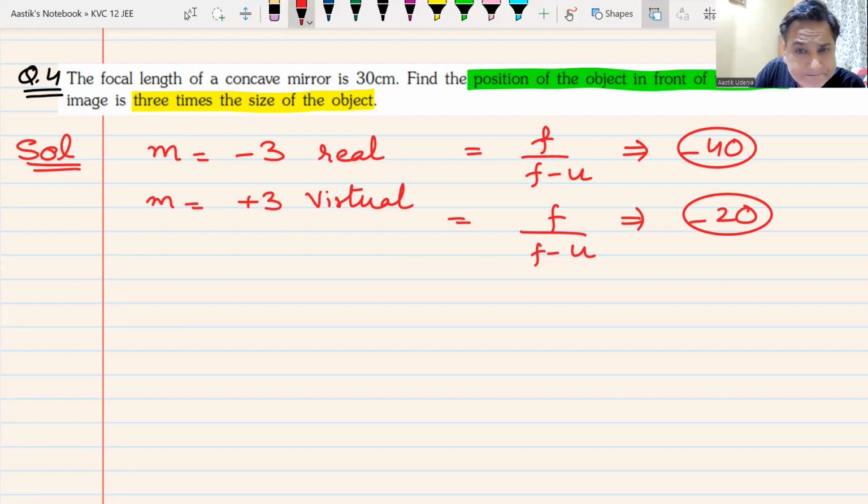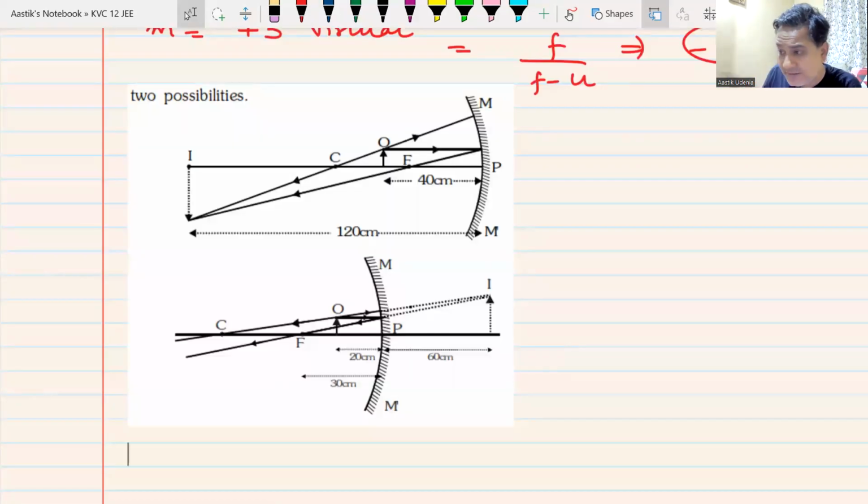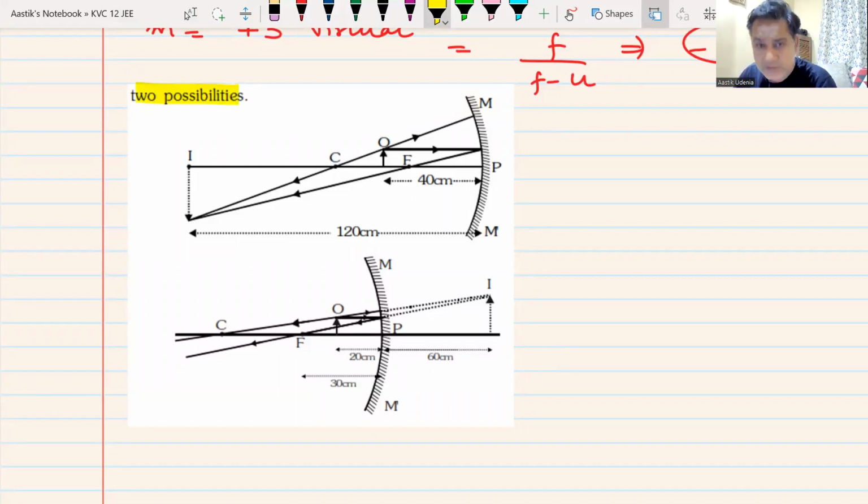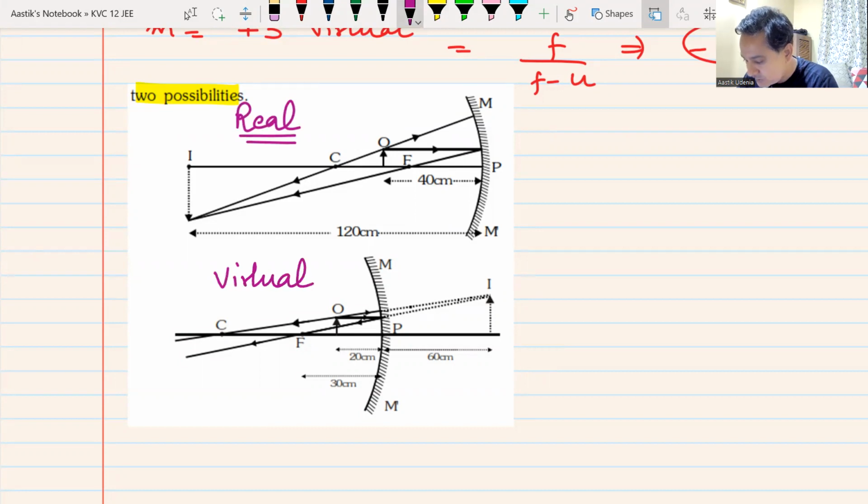Yes, beta. There are two conditions possible, and this is the diagram showing you the two possibilities. The first possibility is when you have a real image, and then you have the possibility when you have a virtual image.